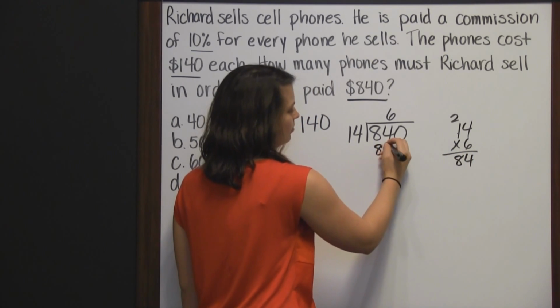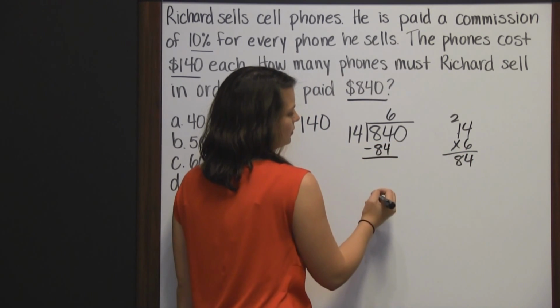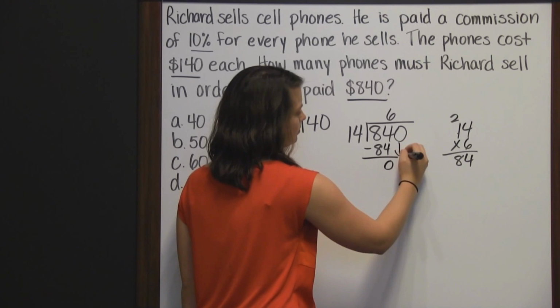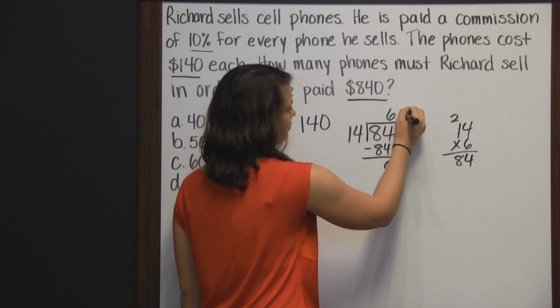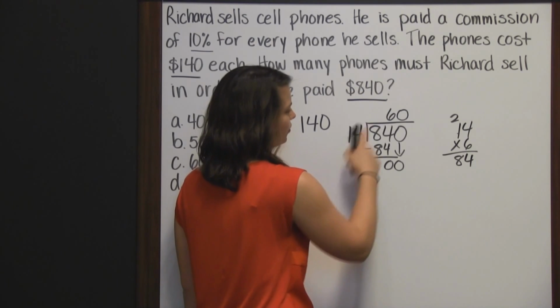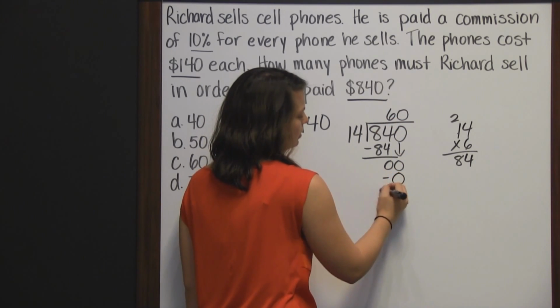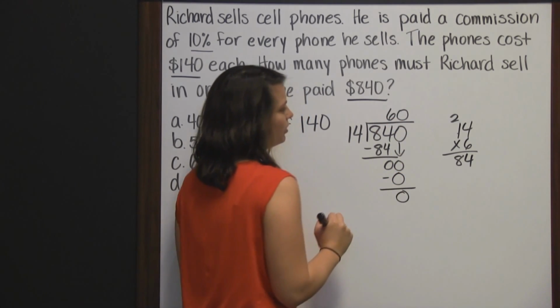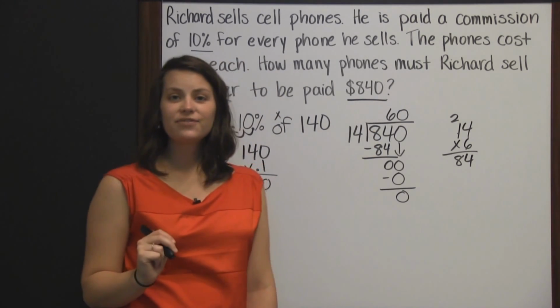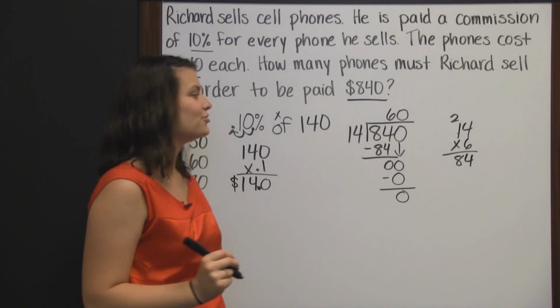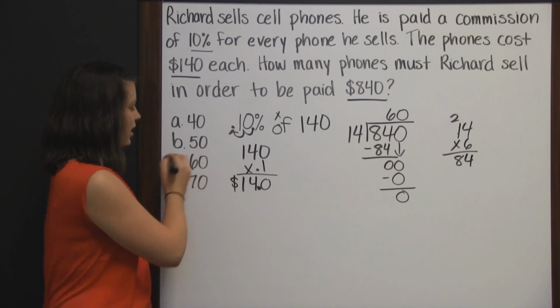So it goes in perfectly. When we subtract, we get 0, and bring down 0, and 14 goes into 0, 0 times. 14 times 0 is 0. When we subtract, we get a remainder of 0. So that means that Richard needs to sell 60 phones in order to make $840. Answer C.